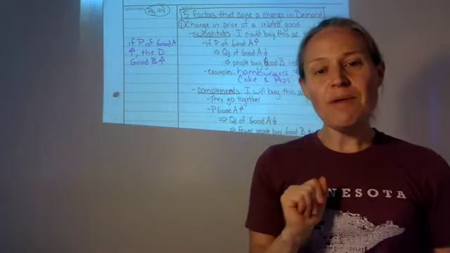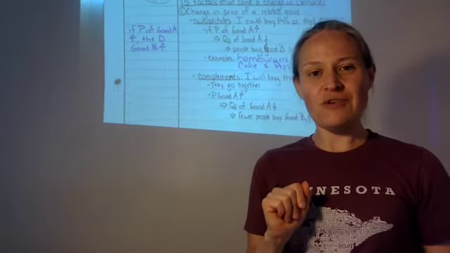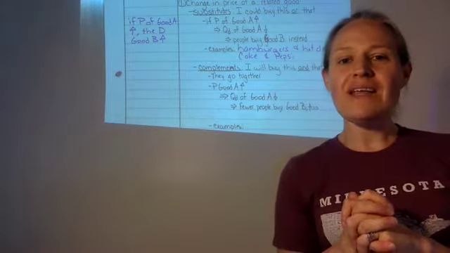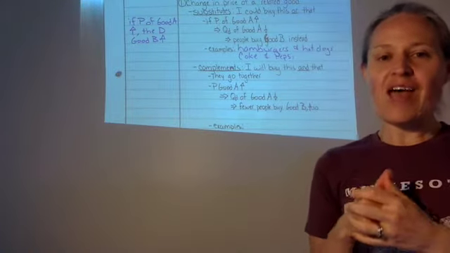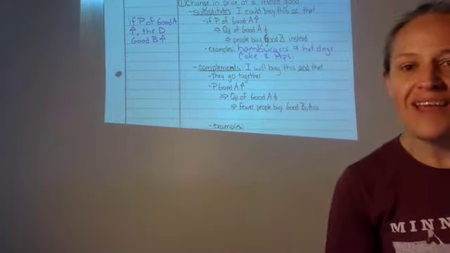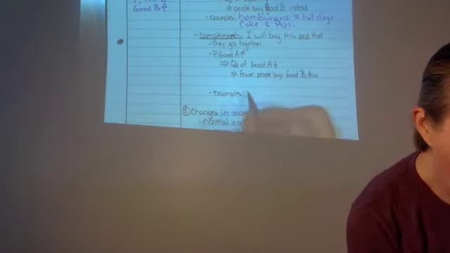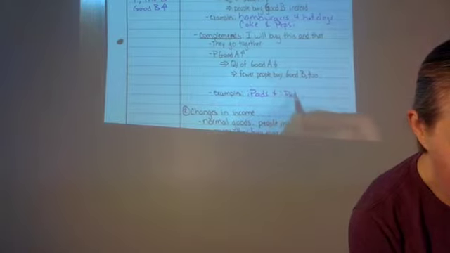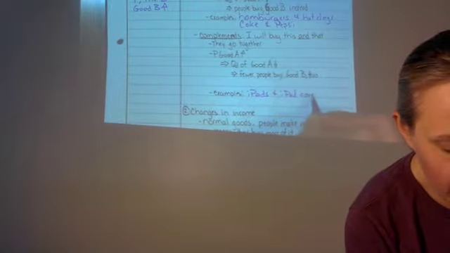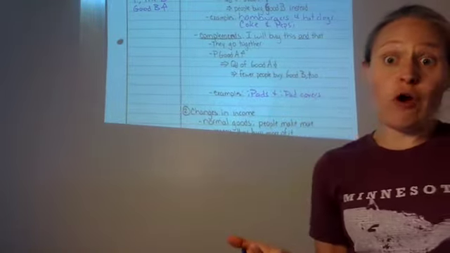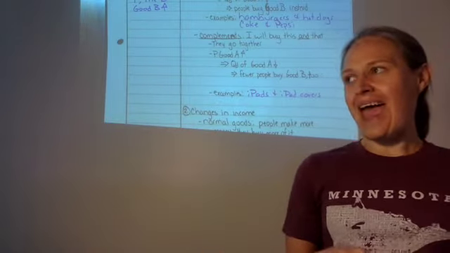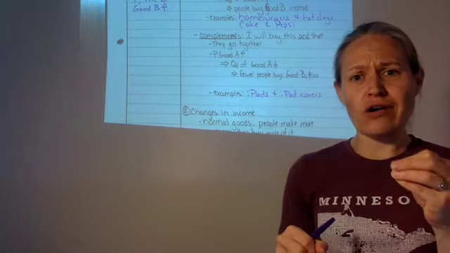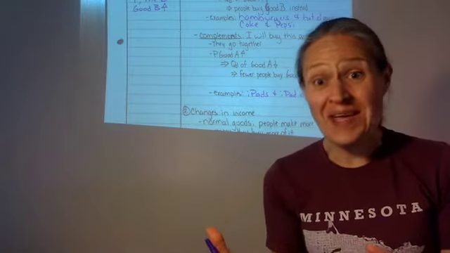The other type of related goods besides substitute goods are complementary goods, or complements. So it means that I will buy this and that. They go together. Some examples of that are iPads and iPad cases or covers, and phones and phone cases, and toys and batteries, or Nintendos and Nintendo games.